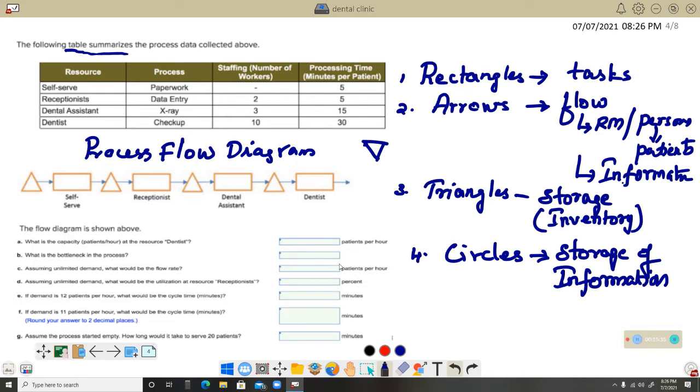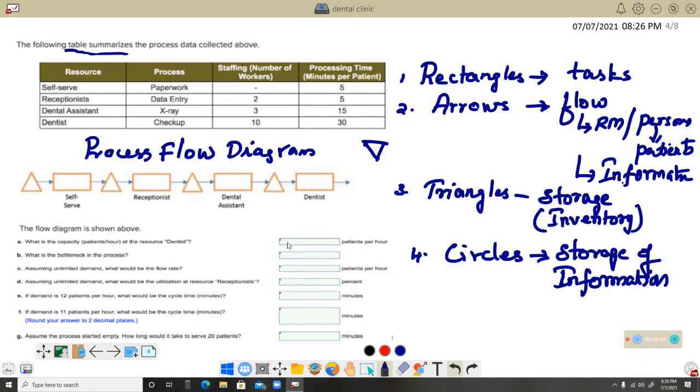And check very carefully the units we need to express. Sometimes it will be per hour, sometimes minutes, and sometimes even seconds. The data given in this particular table is minutes per patient. Remember that the data processing time is given in minutes per patient. So often we need to convert to hours by multiplying with 60 and so on.